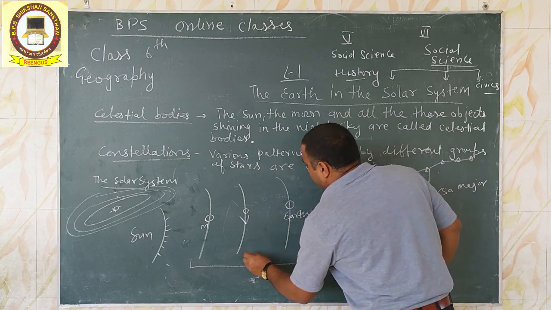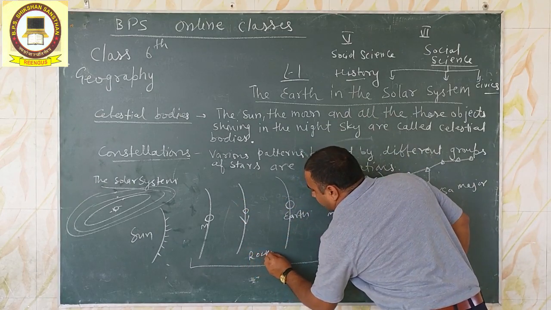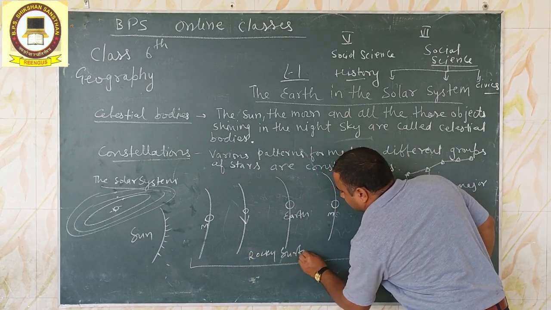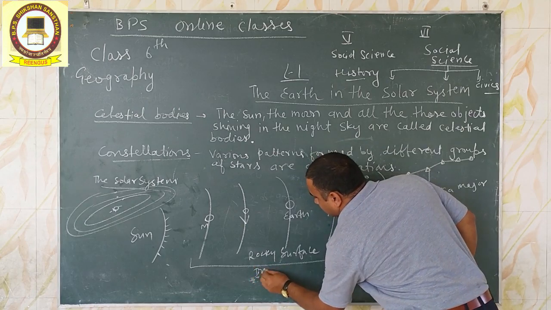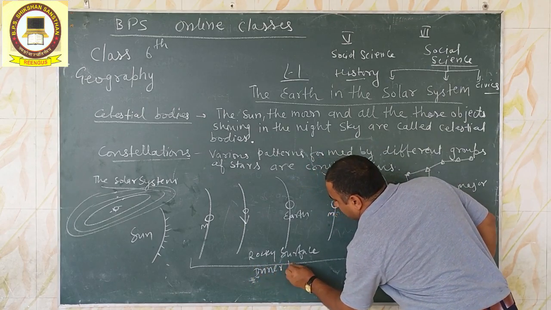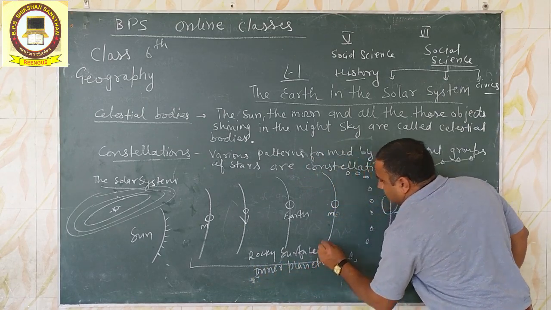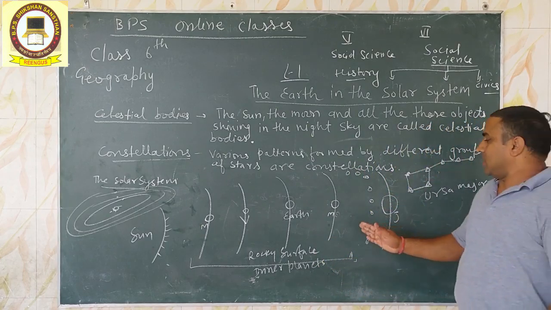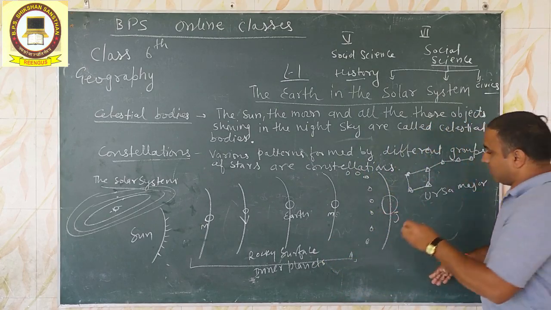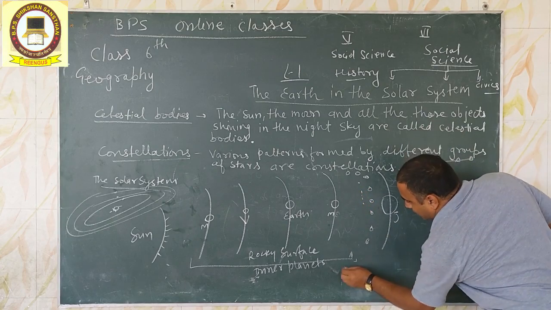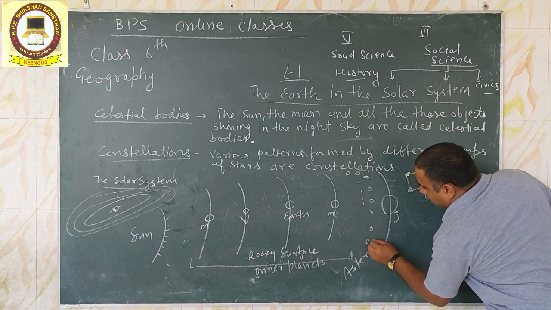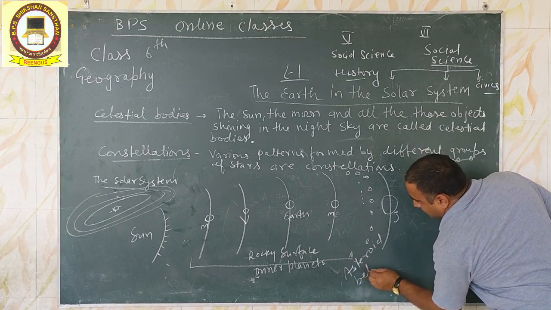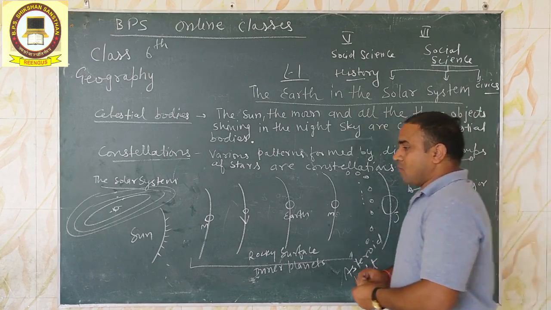These 4 planets have a rocky surface, and we call them inner planets. Then come to the outside of the asteroid belt.